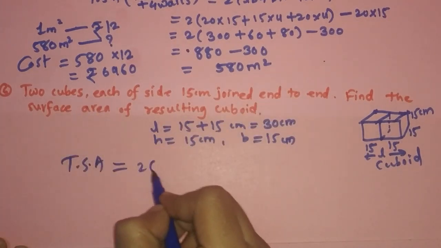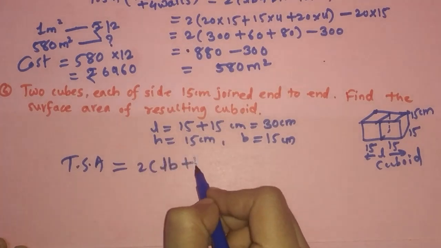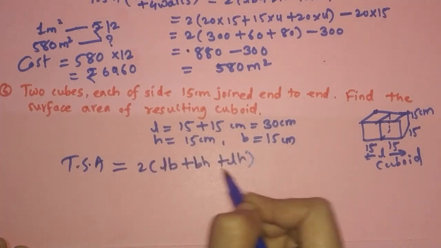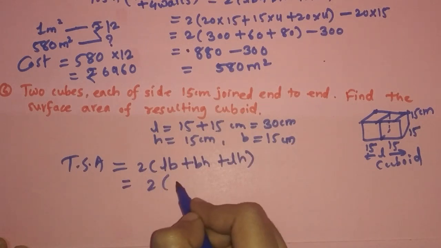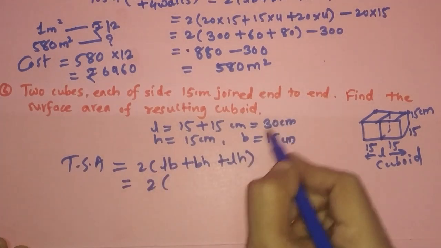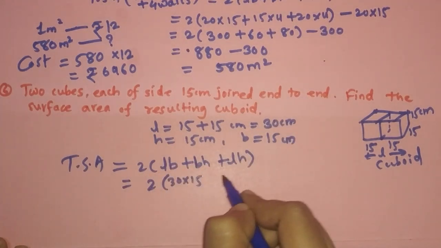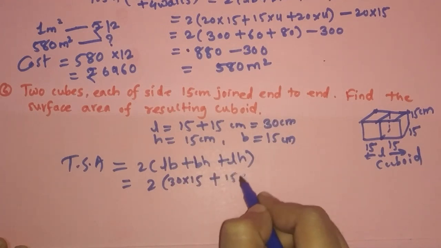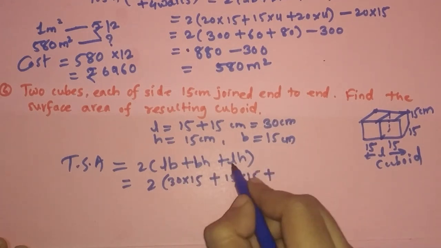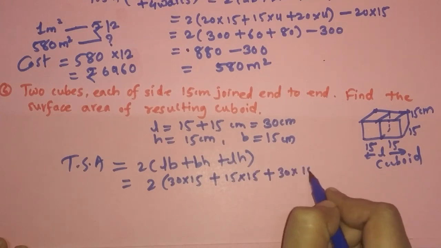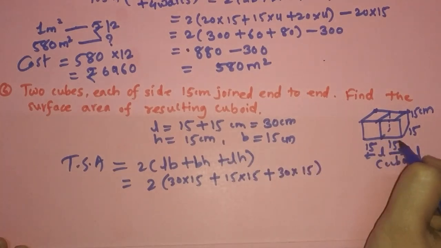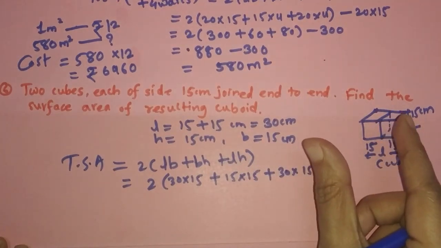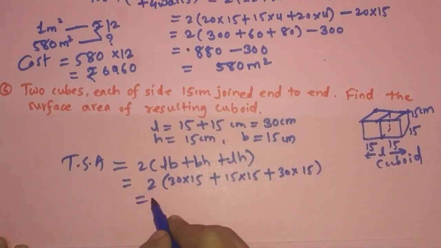It is going to be 2 times (LB + BH + LH). Just keep the values: LB is 30 into 15, plus BH is 15 into 15, plus again LH is 30 into 15. The length we have added here, 15 plus 15, because the cubes are kept end to end.